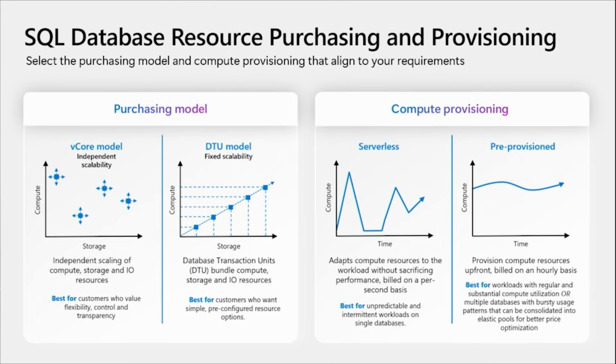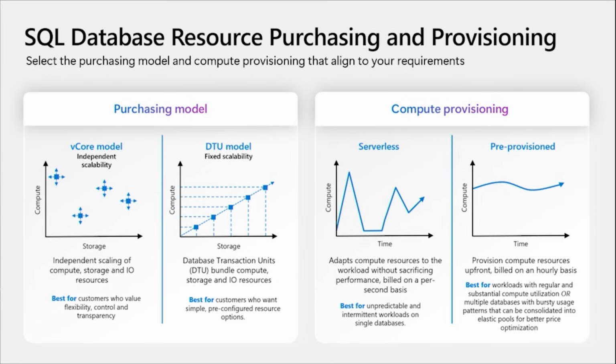So we introduced this vCore model, which allows you to scale your compute and your storage independently of one another. Now, there is some inherent tie in there between memory and compute. For example, you can only have so much memory associated with one vCore, right? Think one CPU.